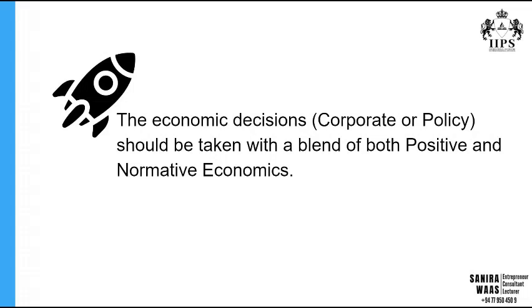Today's lesson, positive versus normative economics: where we started was, we differentiated the two concepts, and in the latter part, we identified the importance. When we make crucial decisions in the corporate or policy sector, we should have that blend, taking positive statements and normative statements.